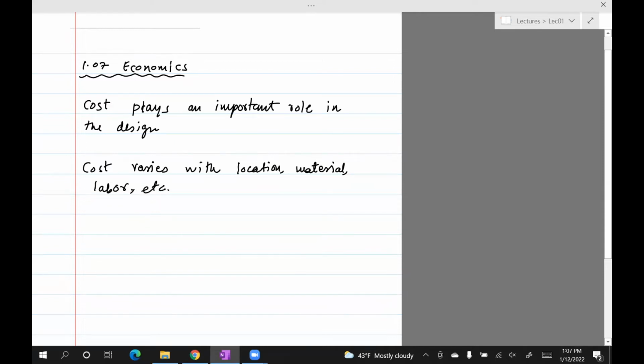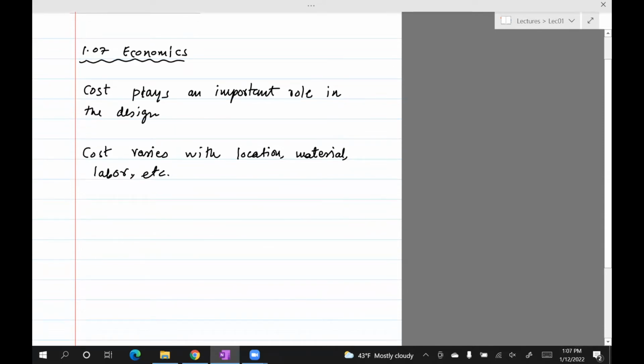Okay, so something which is easy and cheap to produce in, say, a developing country is probably much more expensive in developed countries. So that's why you see many of the things are outsourced to other countries, because maybe labor is cheap, or maybe even the material is cheap.